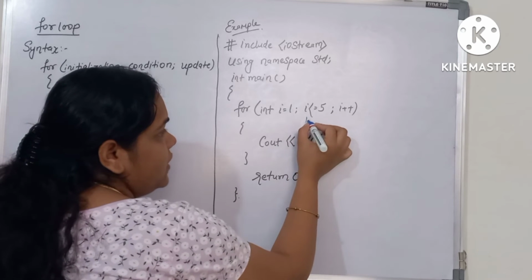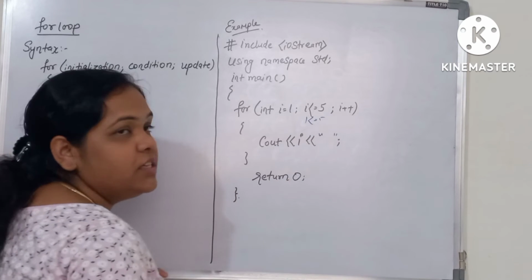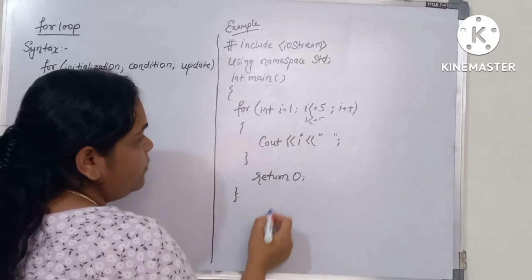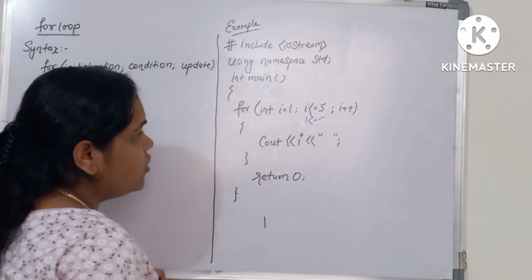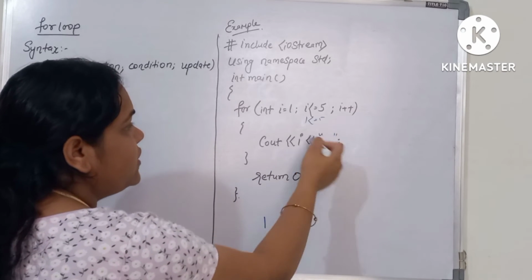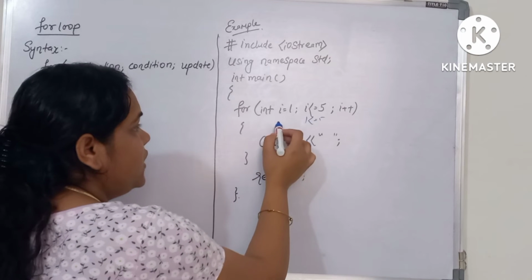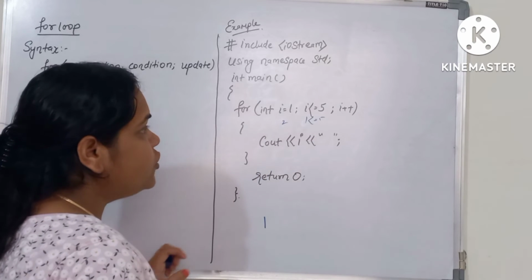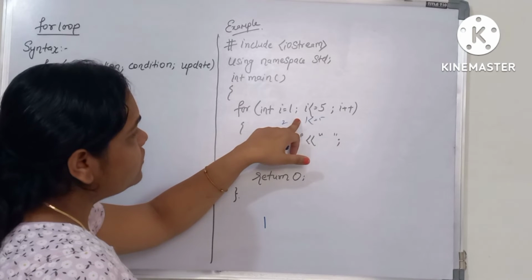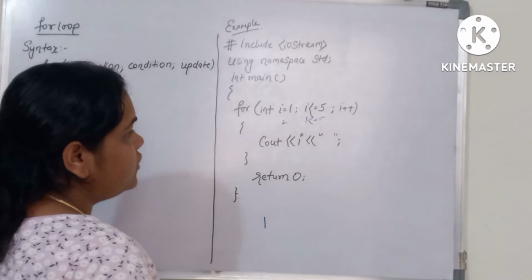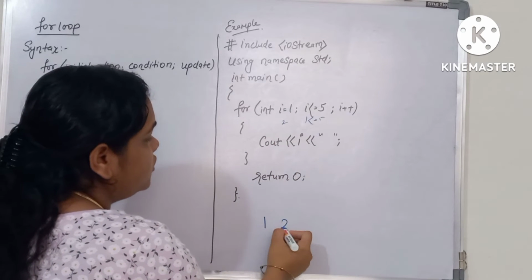So 1 is less than or equal to 5. This condition is true. Then print I, meaning 1, and then increase I++, meaning now I equals 2. 2 is less than or equal to 5. This condition is also true. Then print 2.